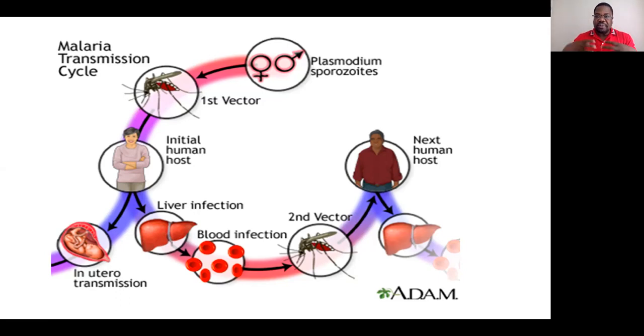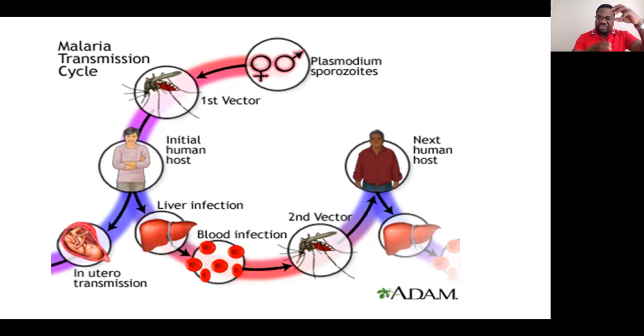So that's why malaria is responsible for killing many children, especially when the mothers are still pregnant, those babies can have in utero infection, or many children die after birth. And there is a high mortality rate with malaria, especially among children below the age of 5 years. So this is how malaria transmission takes place.